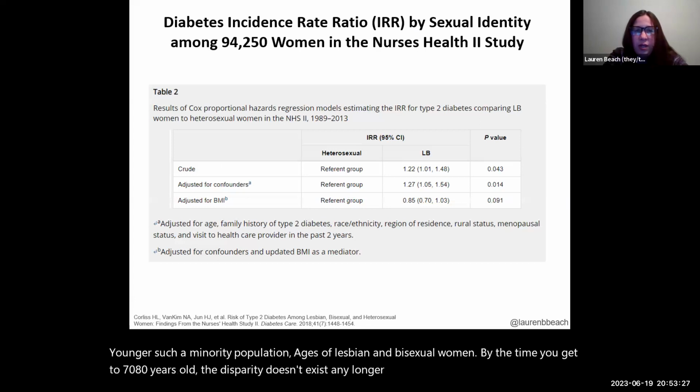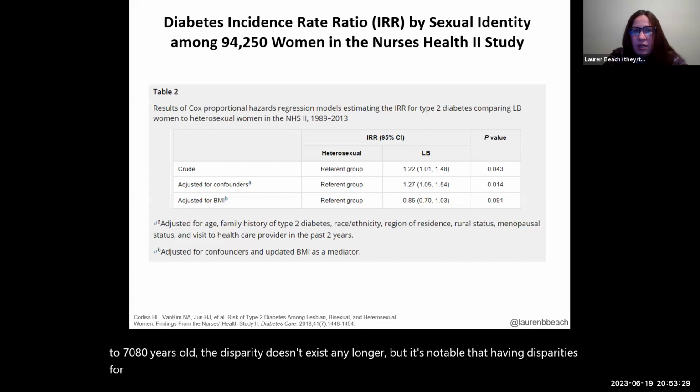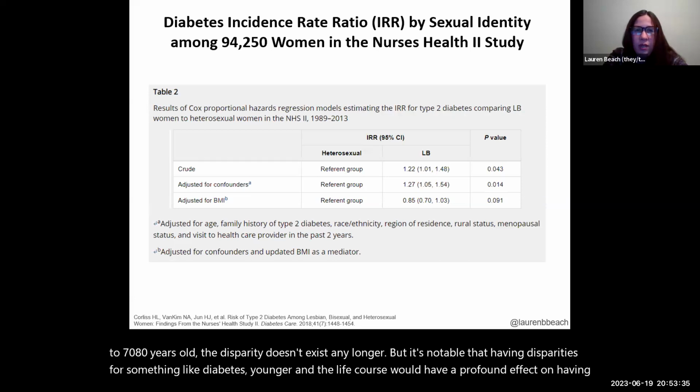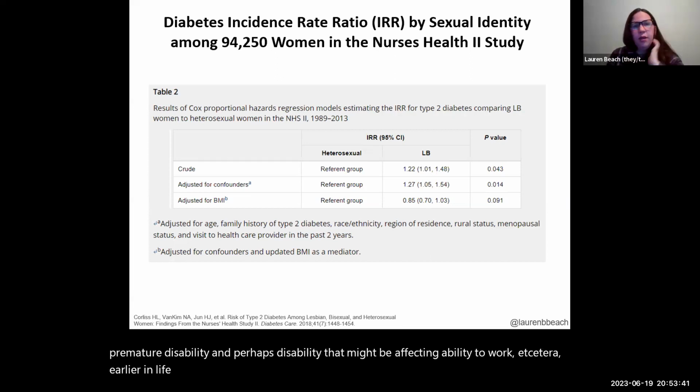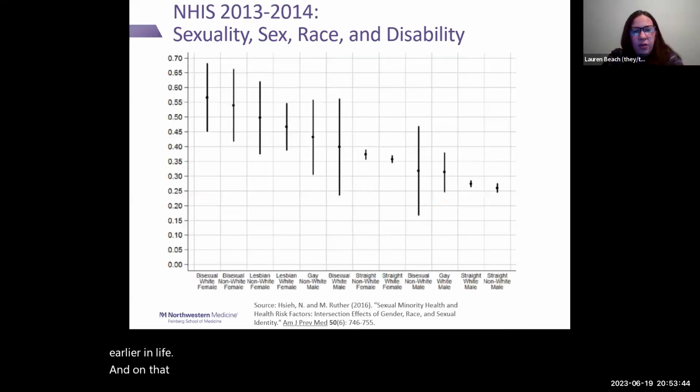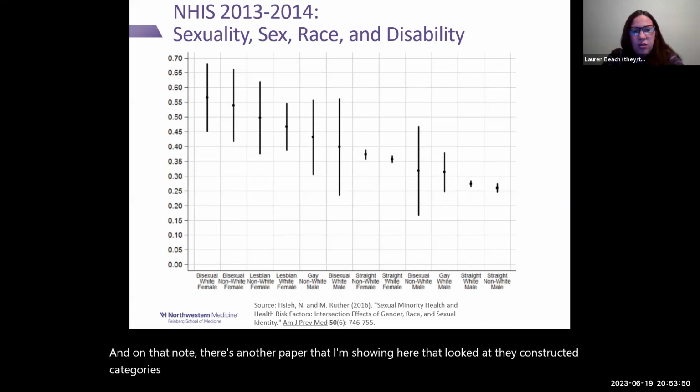But it's notable that having disparities for something like diabetes younger in the life course would have a profound effect on premature disability, and perhaps disability that might affect the ability to work earlier in life. On that note, there's another paper I'm showing here that constructed categories by sexual orientation, race, and sex, and then looked at functional limitation.